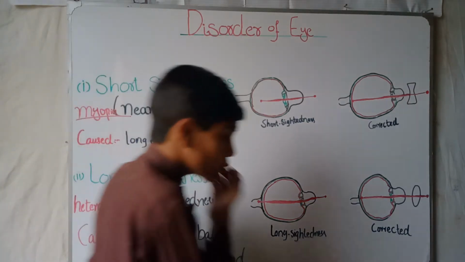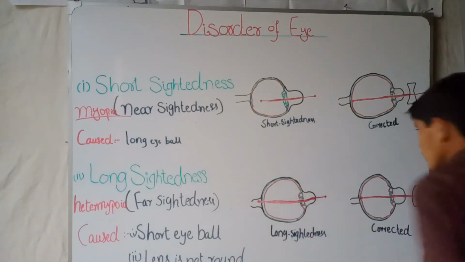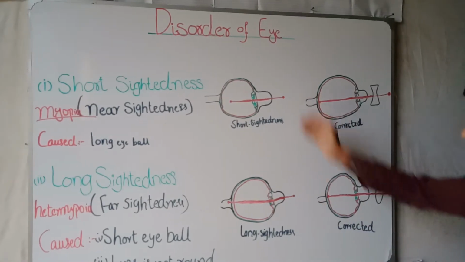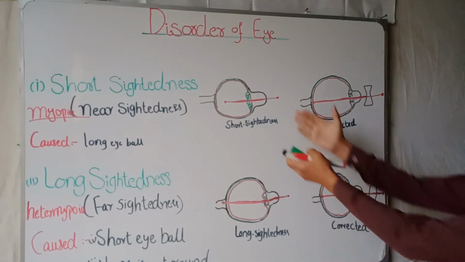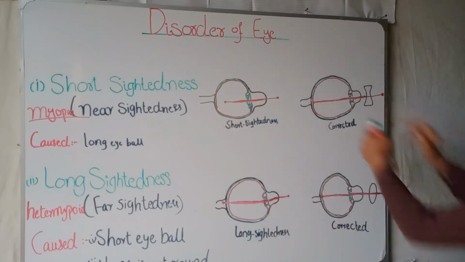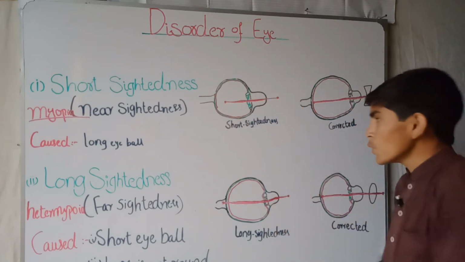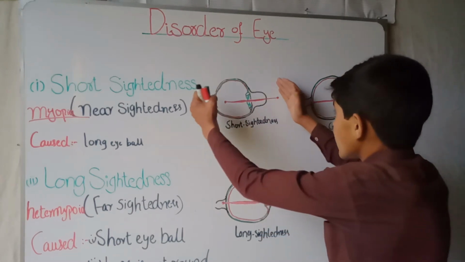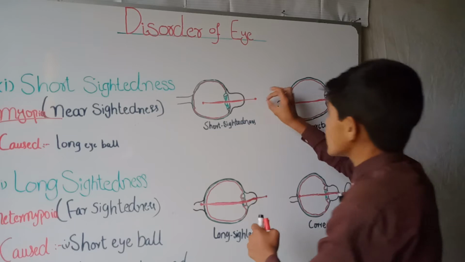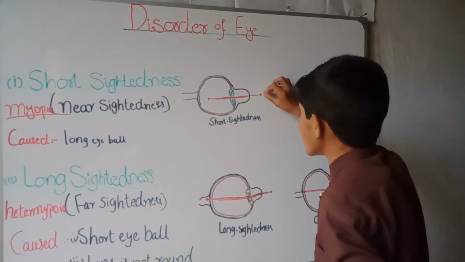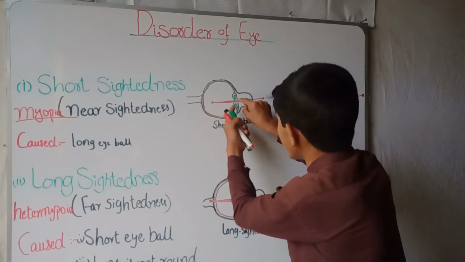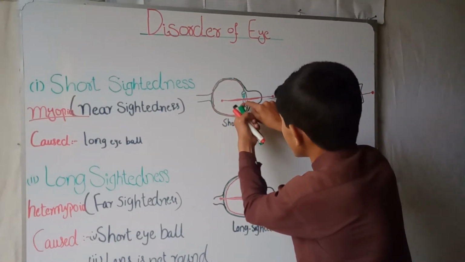If we talk about its structure, this is the structure of a short-sightedness eye, and it can be corrected. In this eye we can see that the light ray passes through the cornea, then through the pupil, and then through the lens.